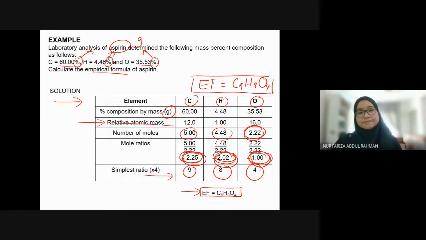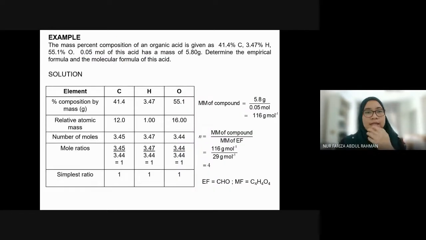Okay, another example: the mass percent composition of an organic acid is given. Again, we have carbon, hydrogen, and oxygen, and the mass percentage is given for each constituent. As you can see, we have extra information here.